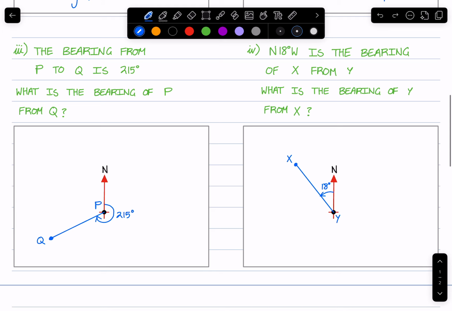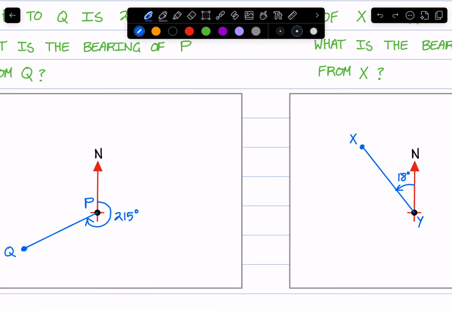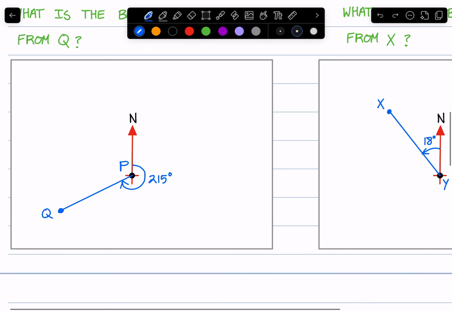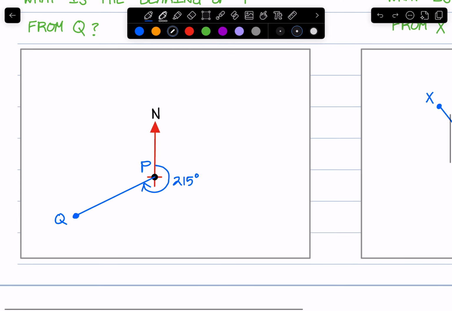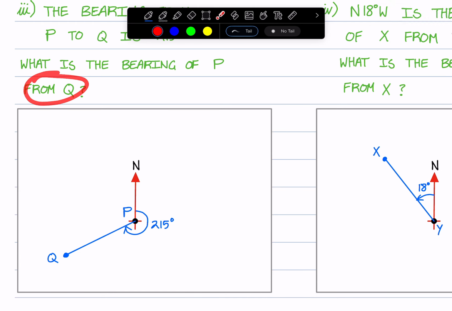Okay, so I'll pause here and let you try this next one. Okay, so I'll do this again in both ways. Let's do this one on the left, again using a triangle. The triangle I'm imagining is this one. Sorry, it says, what is the bearing of P from Q?